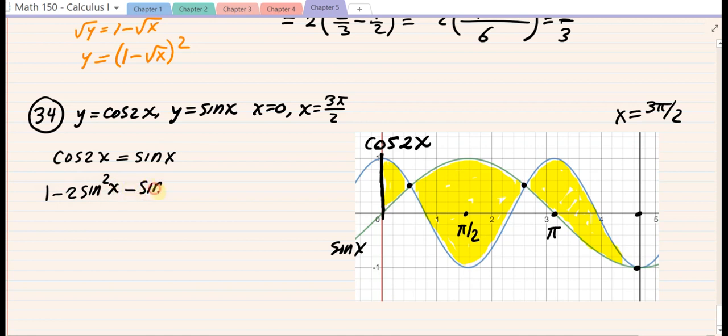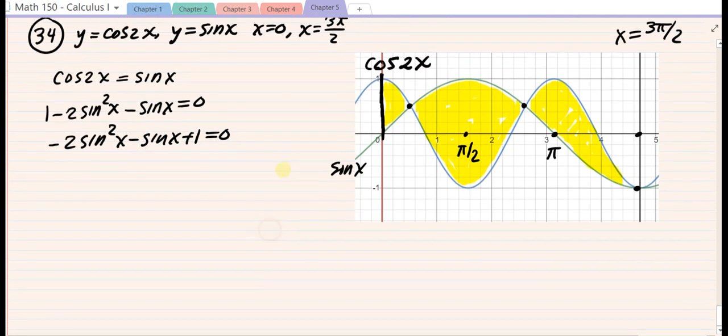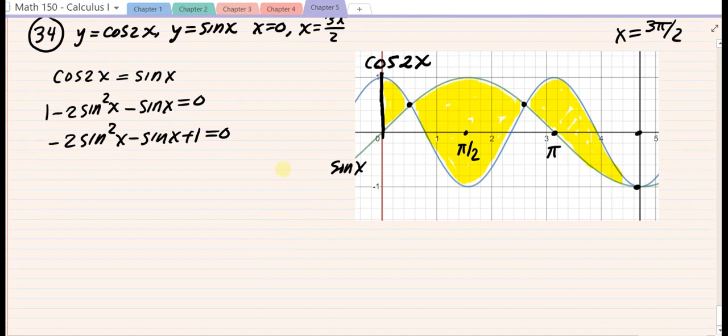Bring the sine over, equals 0. So I have negative 2 sine squared x, negative sine x, plus 1 equals 0. Multiply everything by negative just to make the coefficient on sine squared positive. Minus 1. Now we get a quadratic equation here, quadratic in sine.